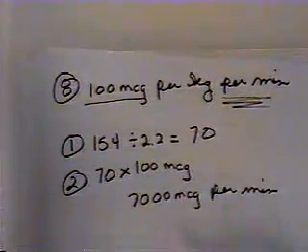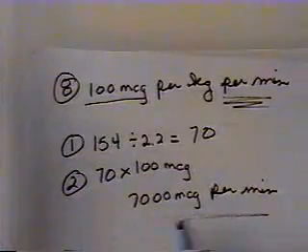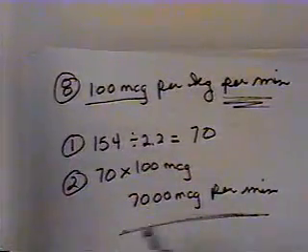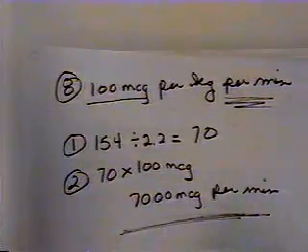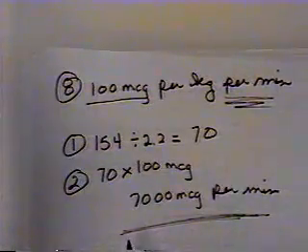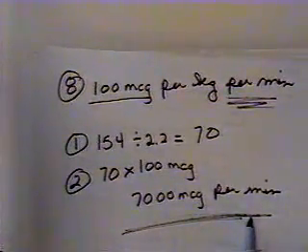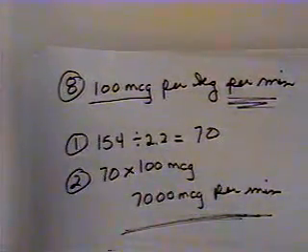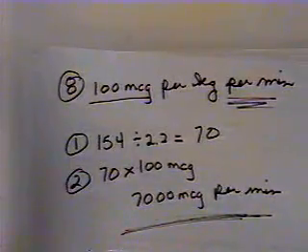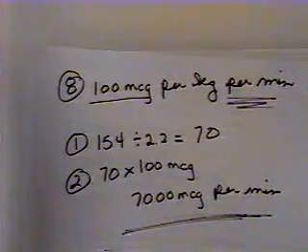Now, what I have to do is figure out how to find how many milliliters. If it's an IV problem, I have to know how many milliliters. And if I'm ordered to give 7,000 micrograms, I look on the bottle, and it tells me 4 grams of drug have been added to 1 liter.